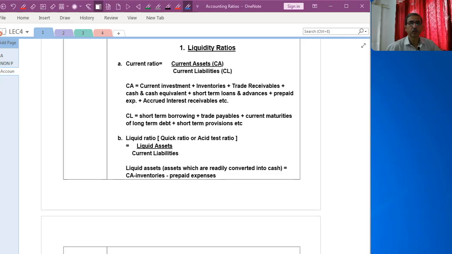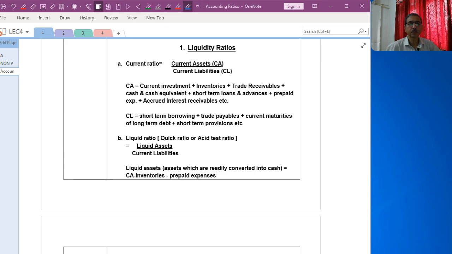Hello. So in the last video, in accounting ratios, we studied briefly what accounting ratios are and what the different types of accounting ratios are.